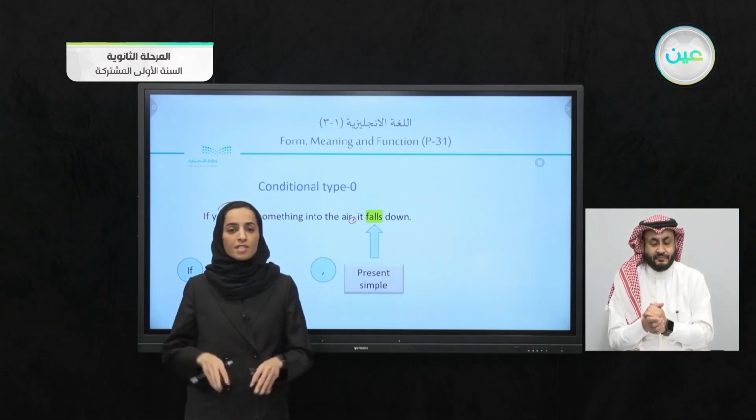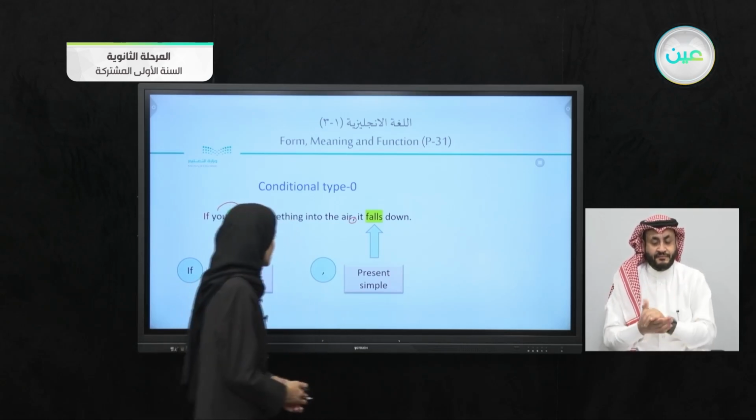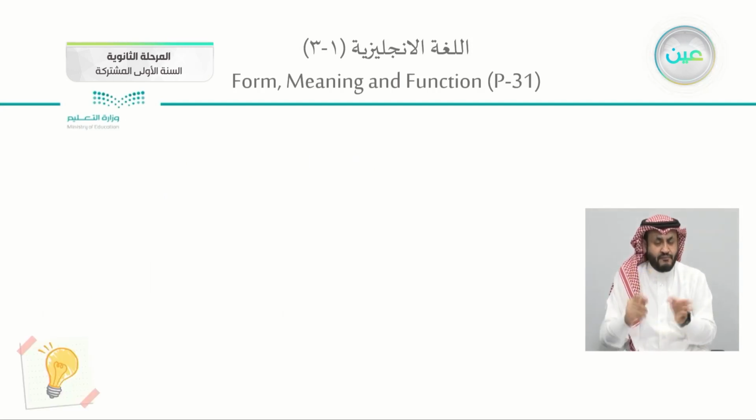So simple present is fixed, it will not change. So if we're having something that is a fact, like boiling water, if you heat water, it boils. If you freeze water, if you put the water into the freezer, it freezes. This is a fact. There is no chance to change it.